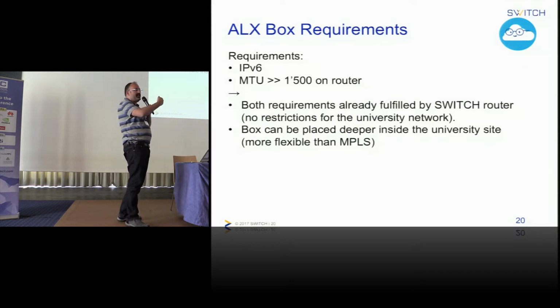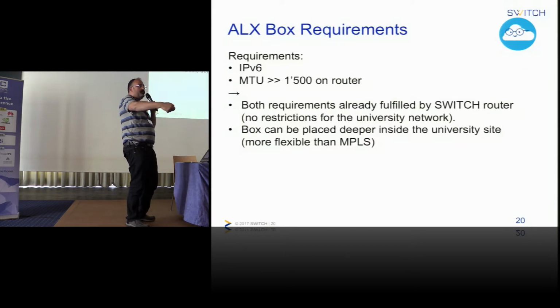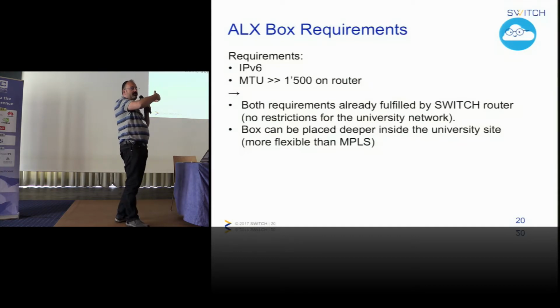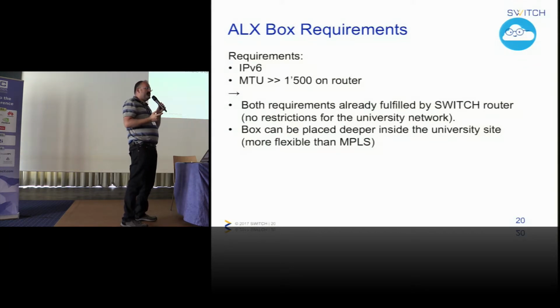So if you want to terminate the tunnel deeper inside the campus network, then we need an IPv6 endpoint. But if you want to terminate the tunnel at the border of the campus network, it's okay. And then you need an MTU bigger than 1500, because 1500 is usually what you want to deliver to your VMs, and we have another layer of encapsulation. You need a higher MTU.